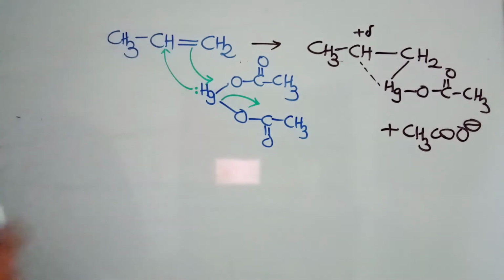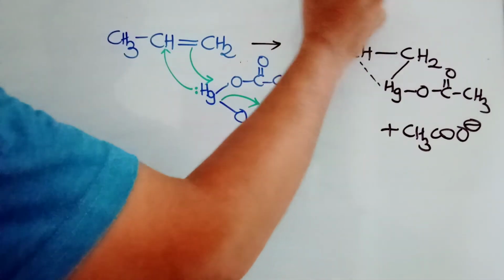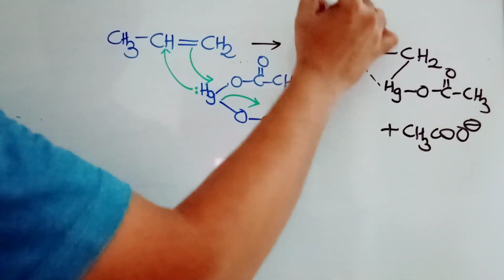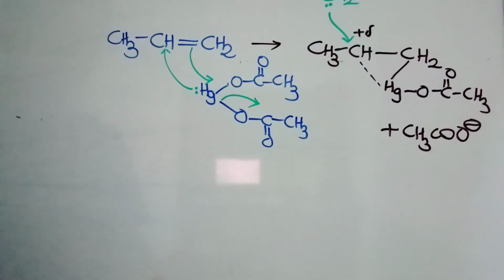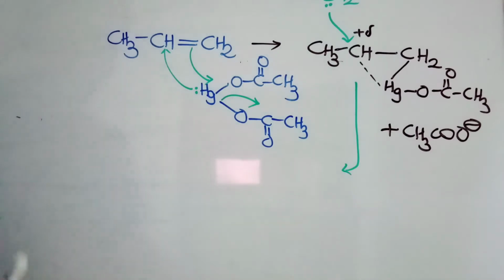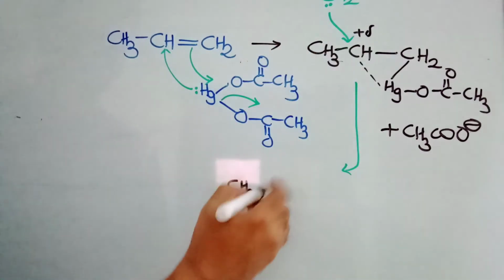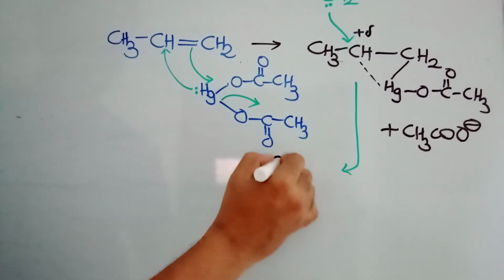Once the cyclic intermediate is formed, a water molecule is going to attack on this, OH2. When it attacks, this bond is going to break. You see how it turns: CH3, CH, OH2 plus, then CH2-Hg-OCOCH3.